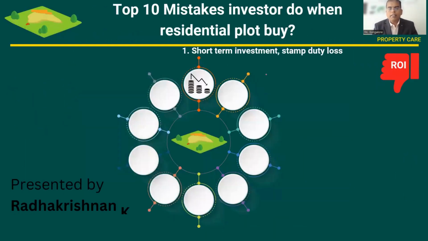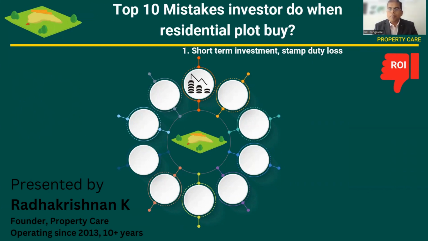The first thing is short-term investment. Whenever we invest in a residential plot in a layout, we should look for long-term benefits. I have customers who bought a property six months before and want to sell it for some reason, maybe a financial crisis, or they're planning to invest in another property and have a fund shortage. This is not the right way to invest in a residential plot.